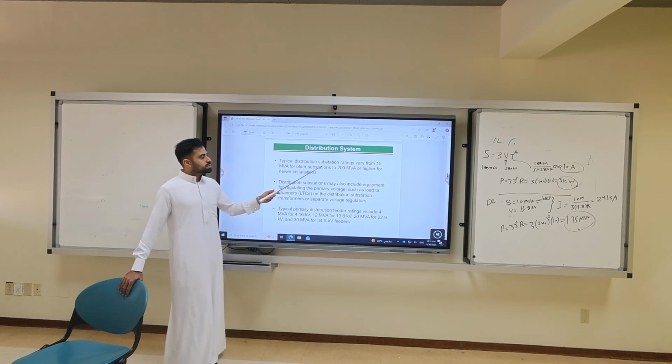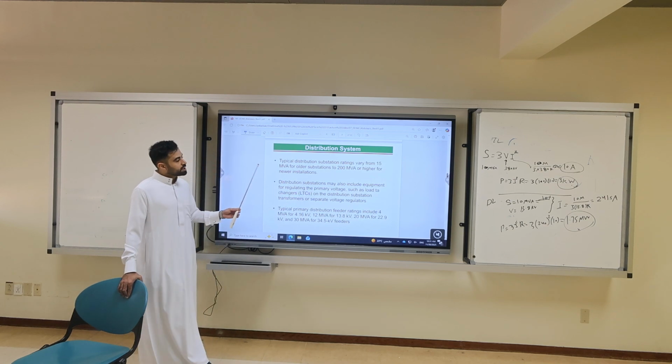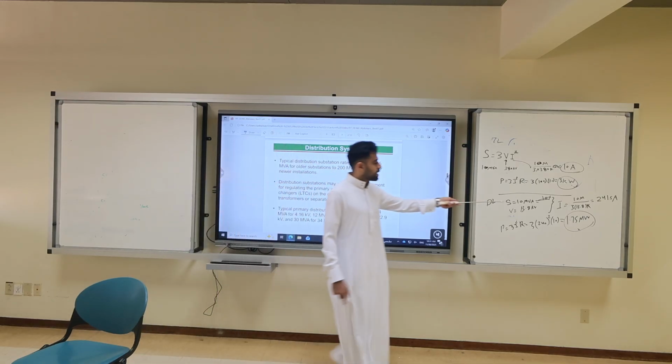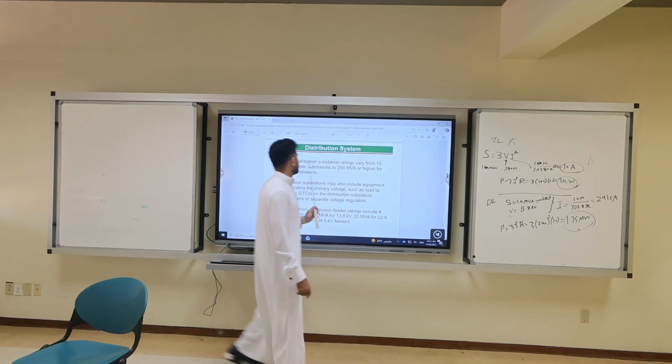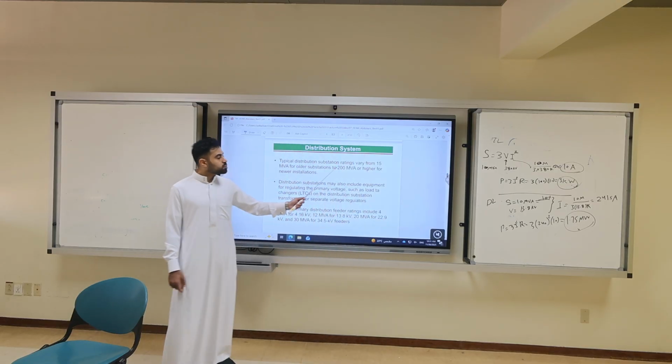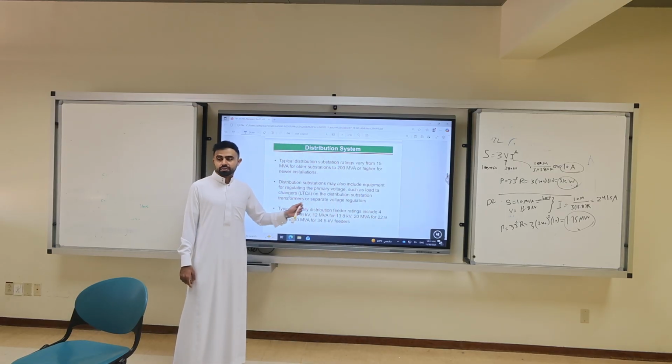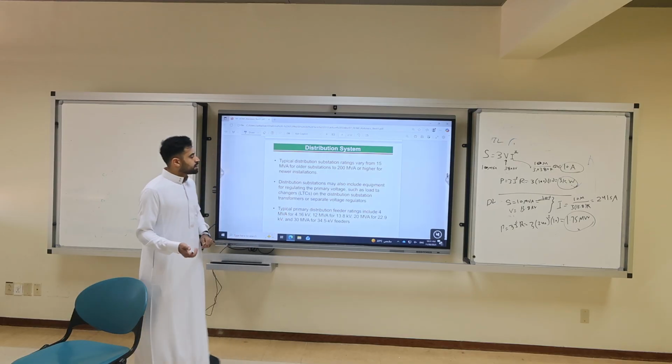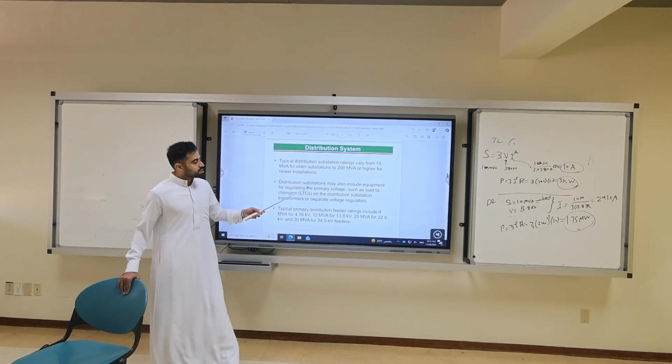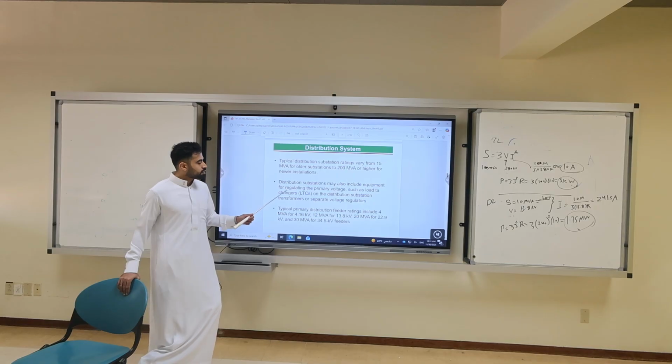Typical distribution substation ratings vary from 15 MVA, here what did we have? 10 MVA. So 15 MVA for older, up to 200 MVA for newer substations. Distribution substations may include equipment for regulating the primary voltage, such as load tap changers.